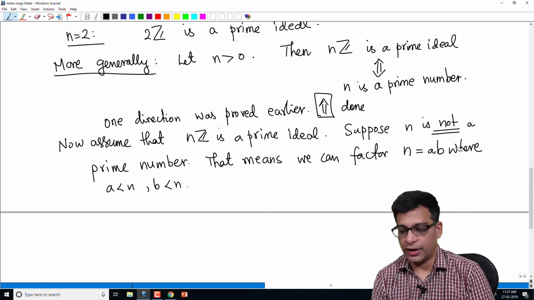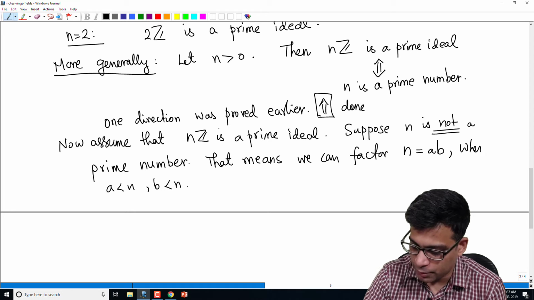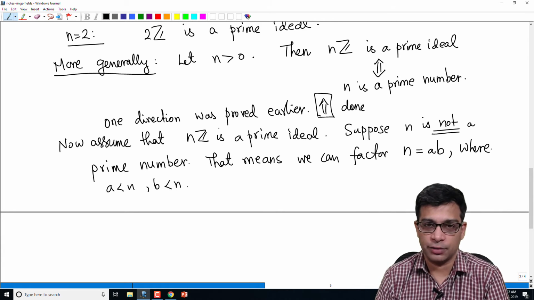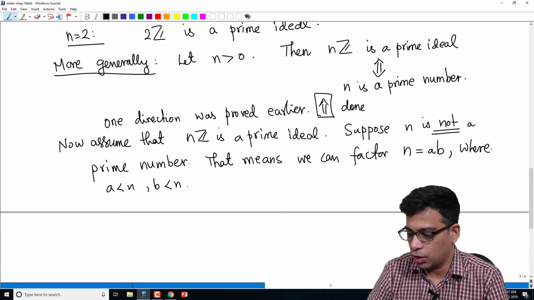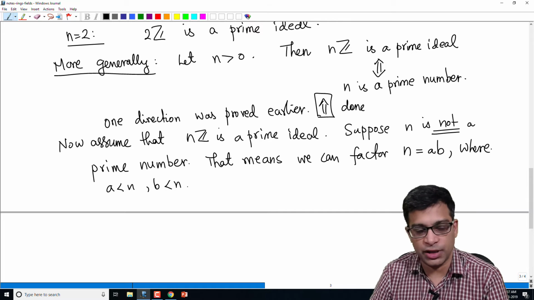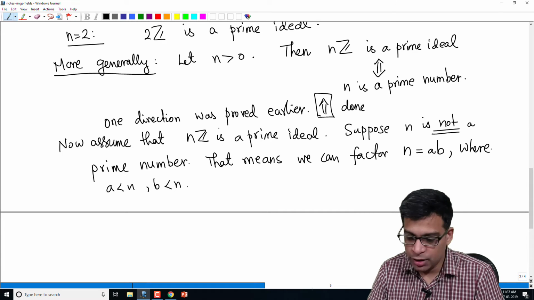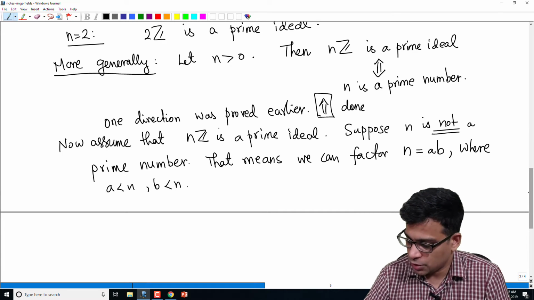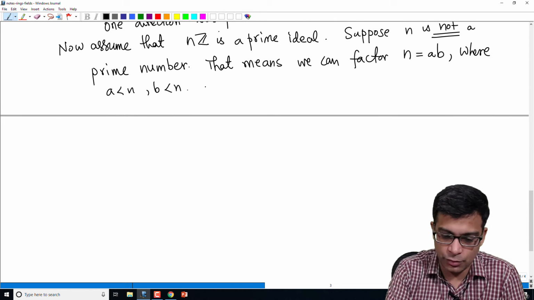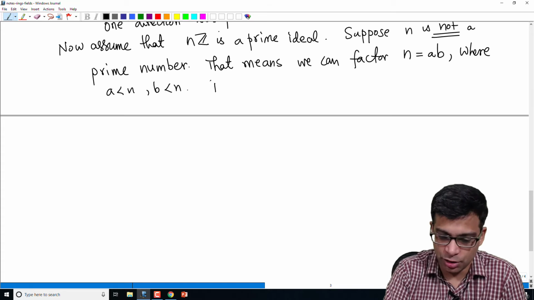This is the definition of not being prime, because it has a non-trivial factor. That means 1 and n are not the only factors. That means there is a factor called a, so obviously there is another factor called b, such that ab is equal to n.